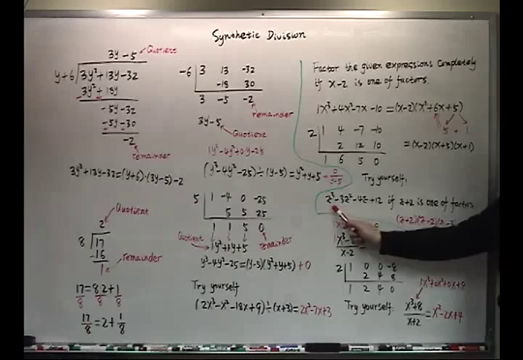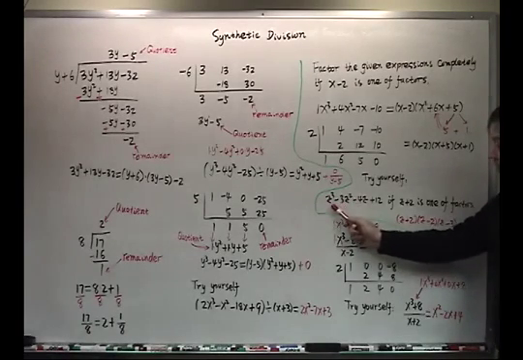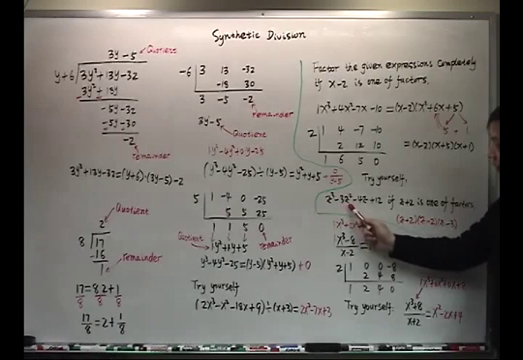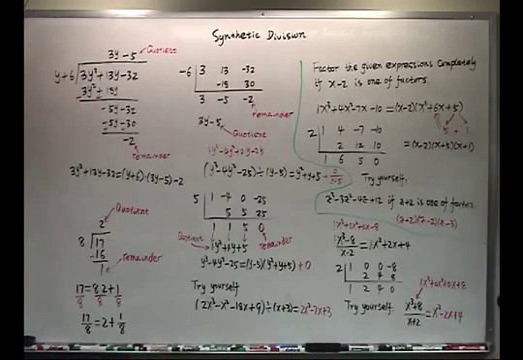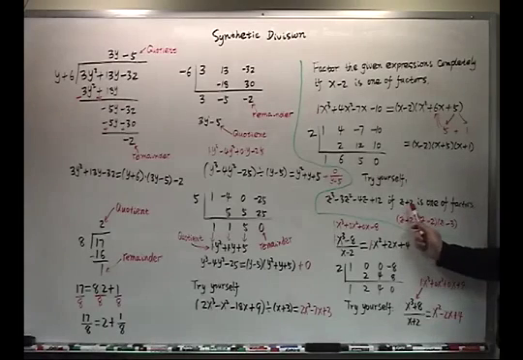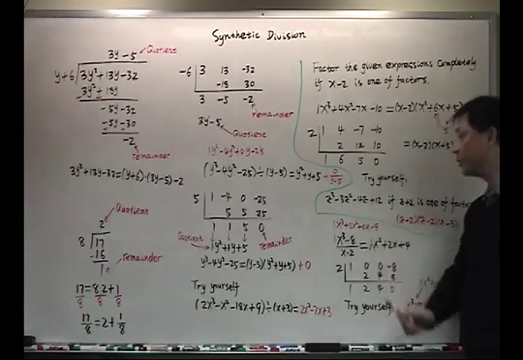Try z cubed minus 3z squared minus 4z plus 12. Try this one yourself. If z plus 2 is one of the factors. Again, z plus 2, here this 2 should be switched to negative 2.